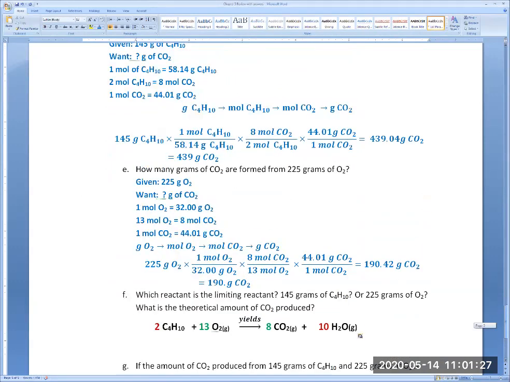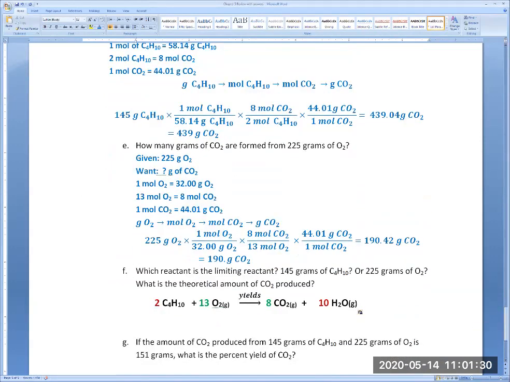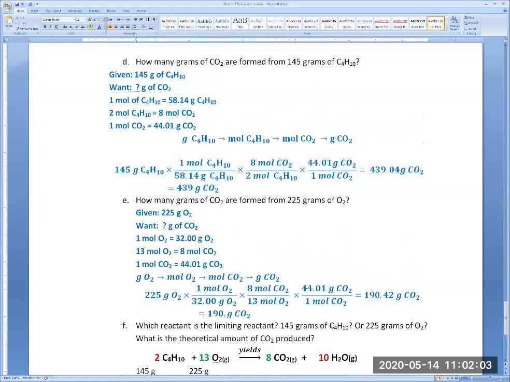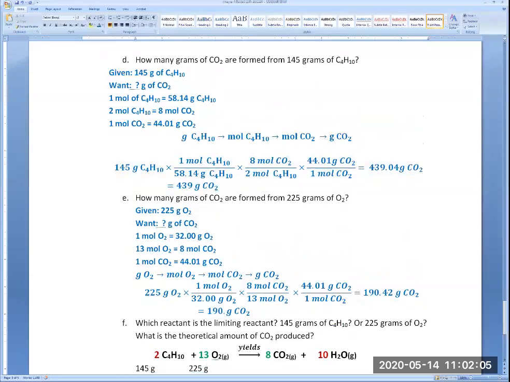So if we have 145 grams of C4H10 here, and if we have 225 grams of oxygen, you know, which one will limit the amount of CO2 produced? That's what the question is asking. Which one is the limiting reactant, which means which one will limit the amount of CO2, because here we were asking for CO2, grams of CO2. So which one will limit the amount of CO2 that you can produce?